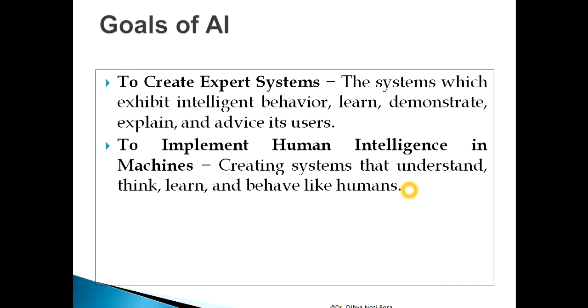Till now, we already have different expert systems for different complicated tasks. Those expert systems are giving advice or showing intelligent behavior with respect to the tasks for which they have been designed. So this is the main goal of AI. Then the second goal is to implement human intelligence in machines. So we try to create systems that understand, think, learn, and behave like humans. So these two are the main goals of AI. I hope you all got it.